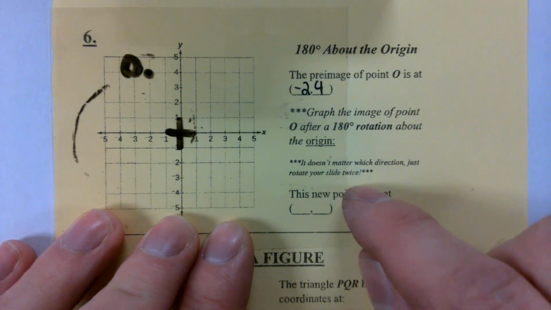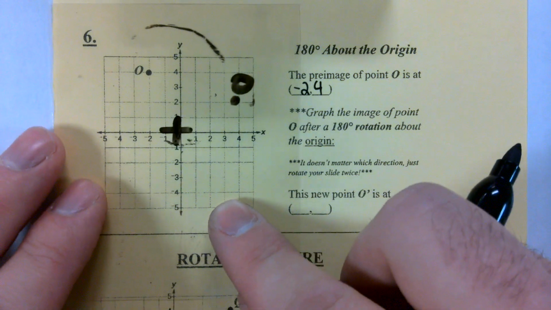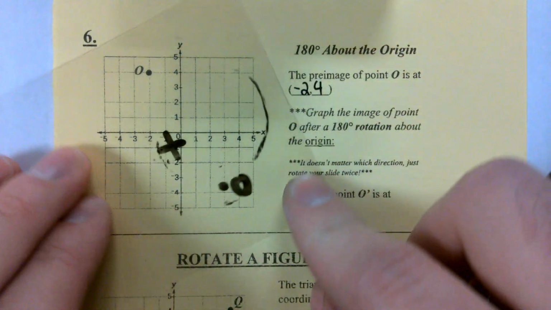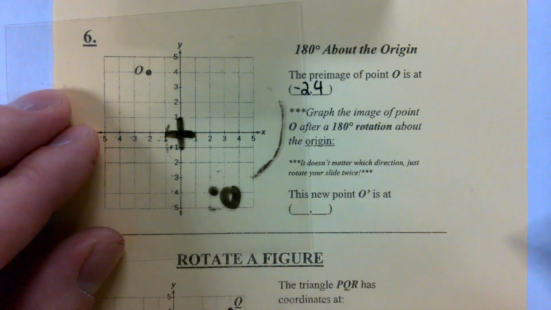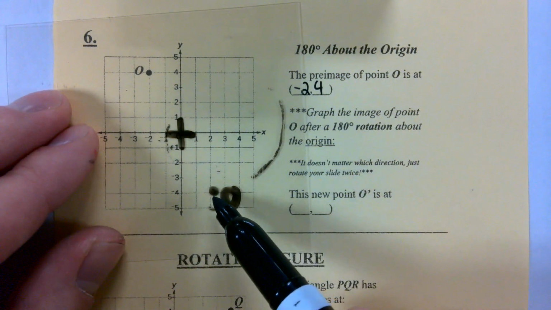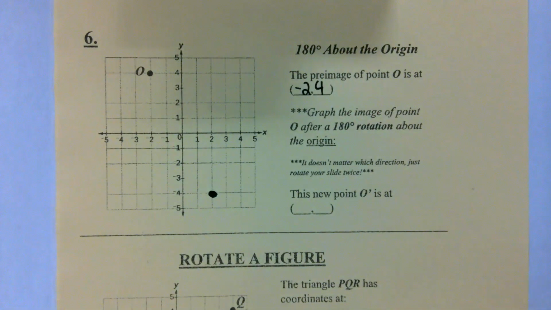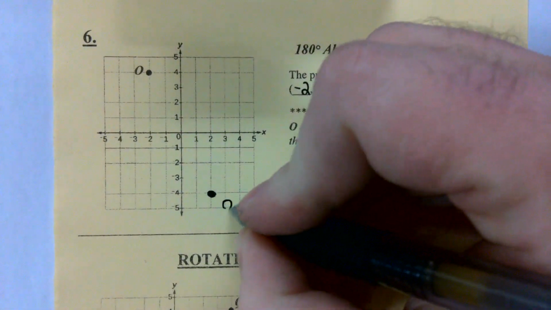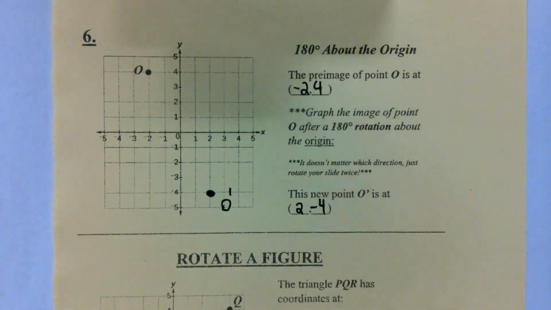Just rotate your slide twice. Here we go. I'm going to go to the right. 1, 2. Line up my plus right where it goes. And I see now that my point O prime is at 2 comma negative 4. Right there. O prime, 2, negative 4.